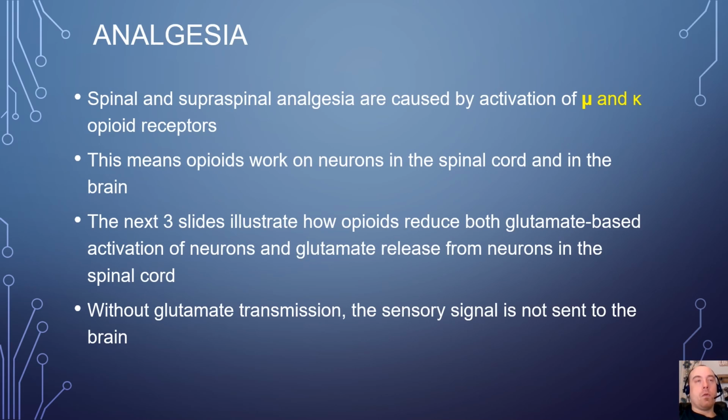Meaning opioids can prevent glutamate release from the sensory neurons, and then actually reduce the response of the postsynaptic neuron. So the whole idea there is, without glutamate release or transmission, the sensory signal is not sent to the brain, and we don't know that there's some kind of harmful stimulus. We don't feel it, so you're dulling that.